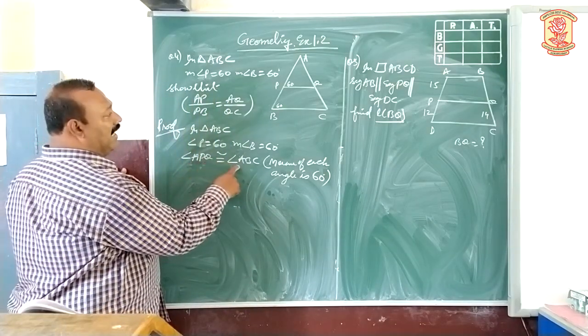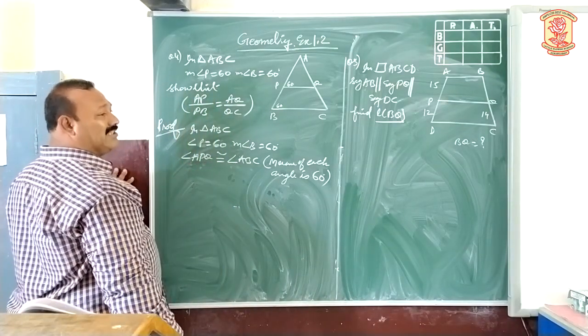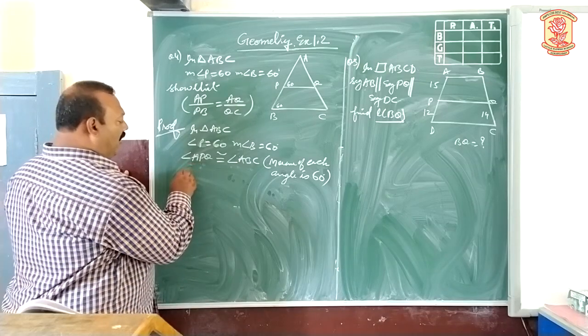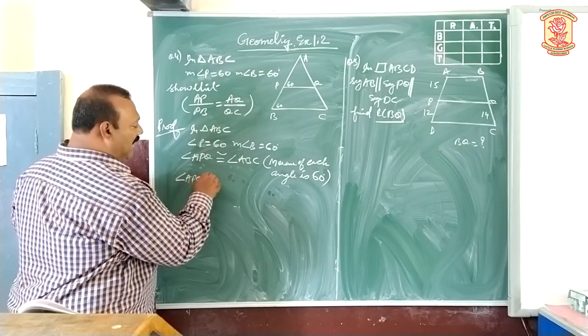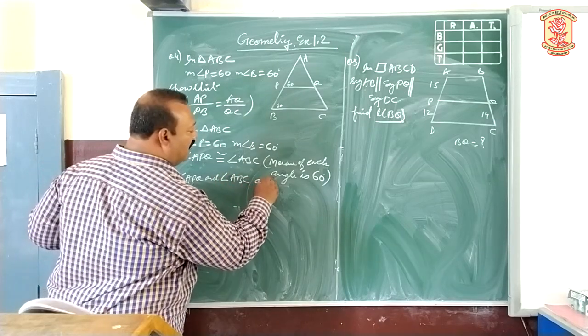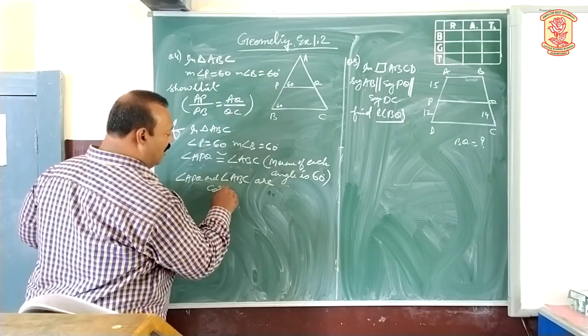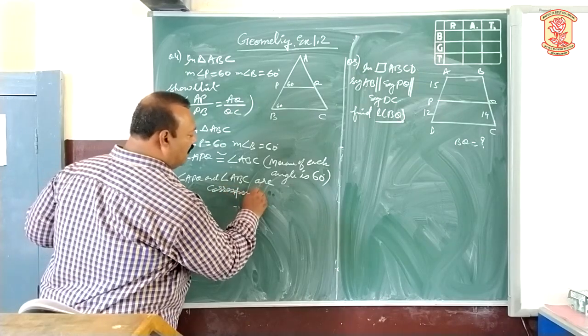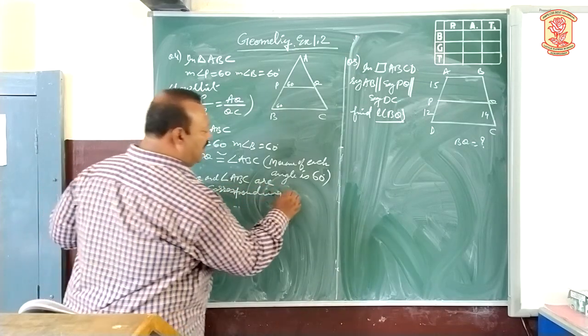Angle APQ and angle ABC are congruent, measures of each angle is 60. They are corresponding angles.